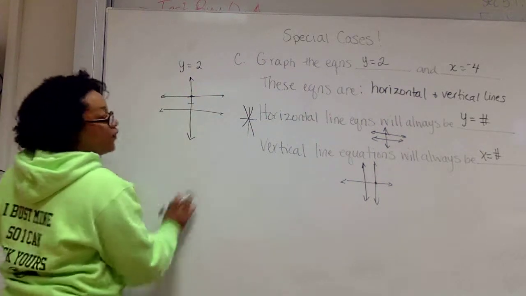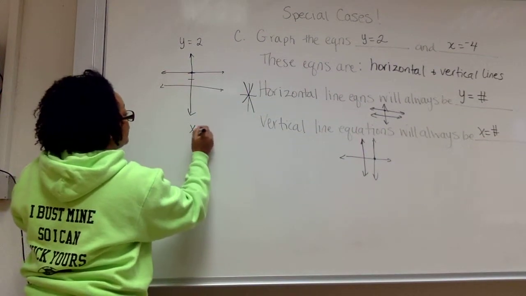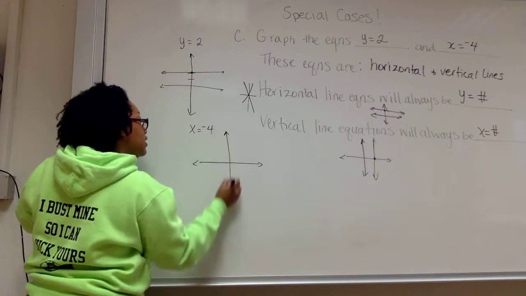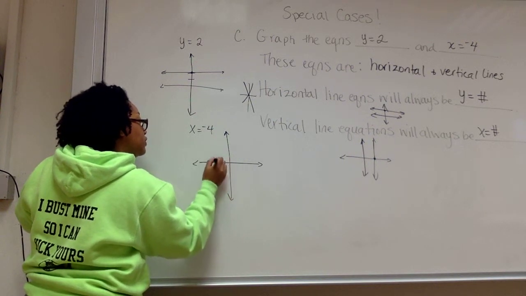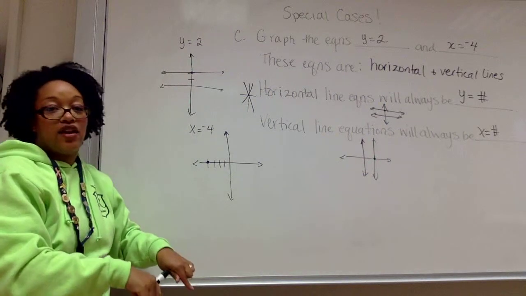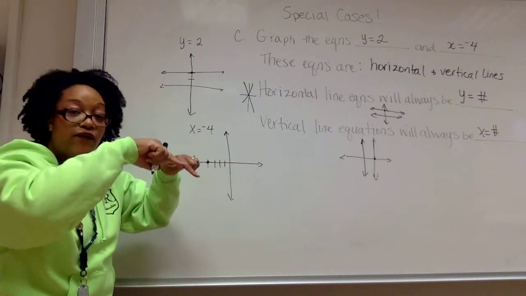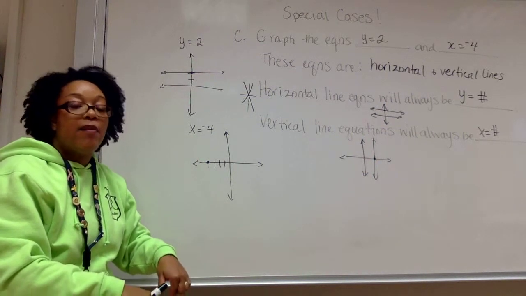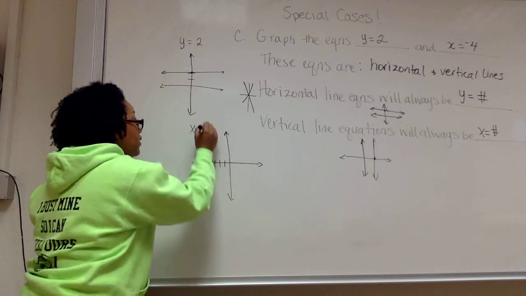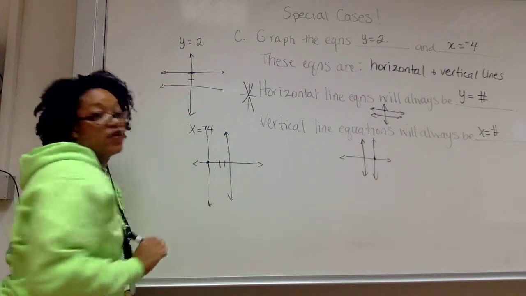X equals -4. That means on my coordinate plane, I go over 4 spaces to the left, and then I stay there. My x is equal to -4 all day long. But my y values can go anywhere they want. Up, down. There's my vertical line.